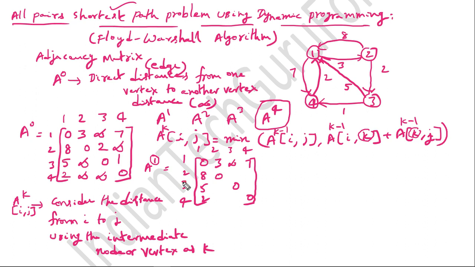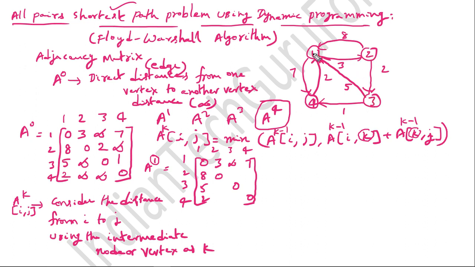So now we need to calculate the remaining values using the in-between node as 1. Let us calculate from 2 to 3, with intermediate node 1.